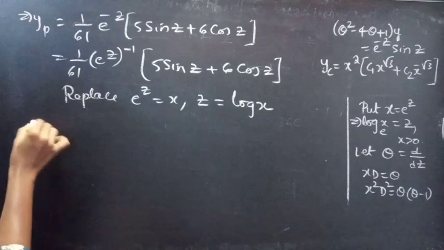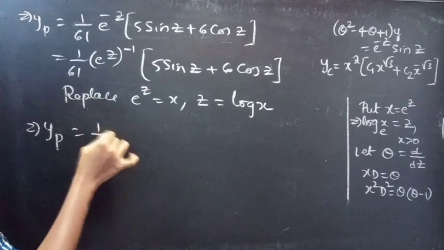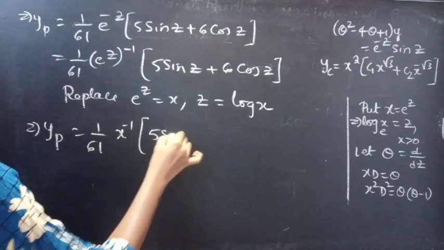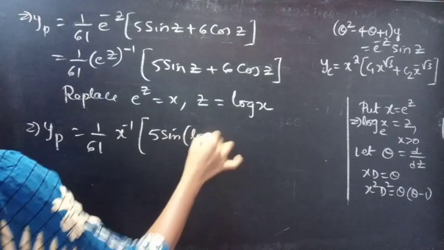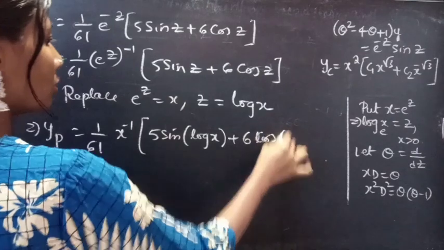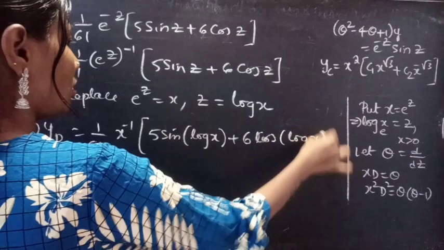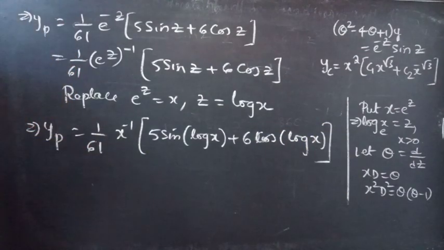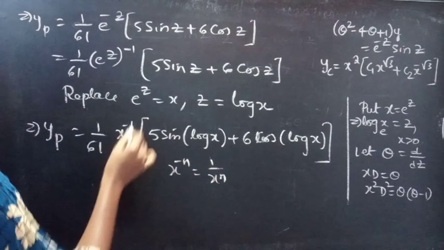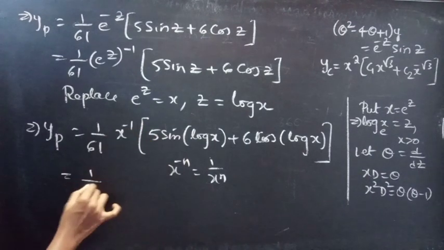We'll get yp equals 1 by 61 into x inverse into 5 sine of log x plus 6 cos of log x. We know that x power minus 1 is equal to 1 by x, so we can write x inverse as 1 by x.